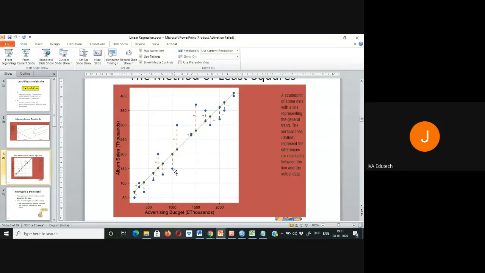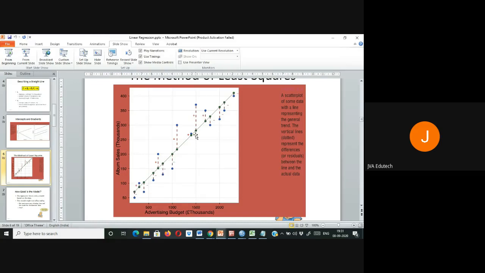These are called the residuals. The residual is the vertical distance between a data point and the regression line.